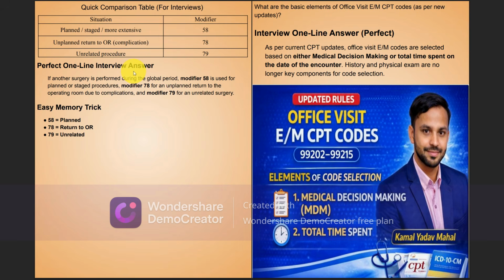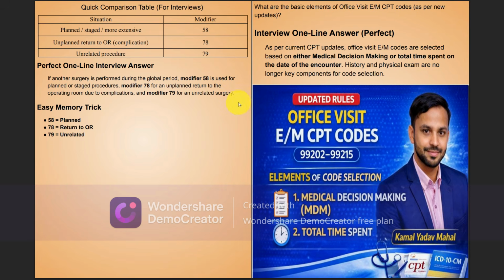Perfect one line interview answer: if another surgery is performed during the global period, modifier 58 is used for a planned, staged, related procedure, modifier 78 for the unplanned return to the operating room due to complication, and modifier 79 is used for the unrelated surgery. So you can remember the one line answer. Easy trick: 58 planned, 78 return to OR, 79 unrelated.